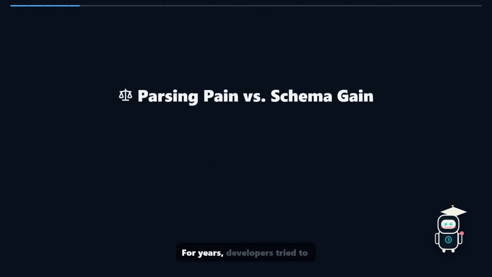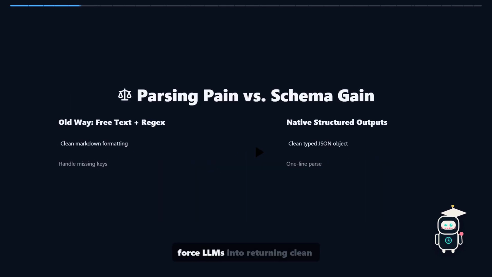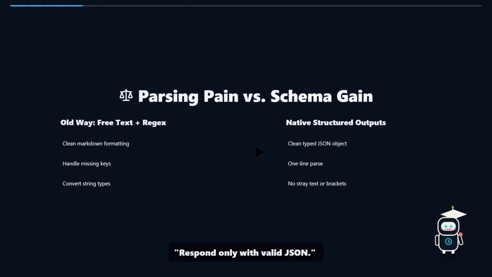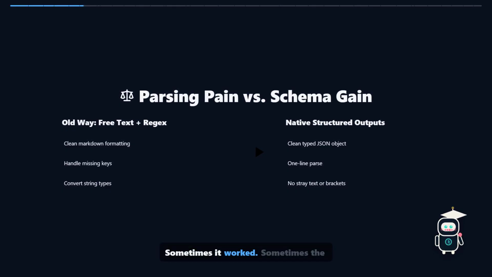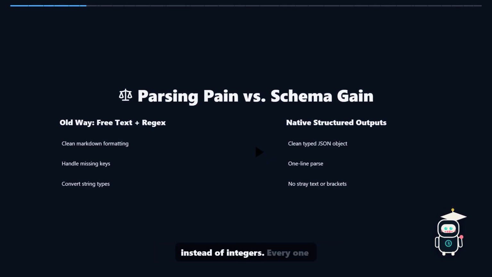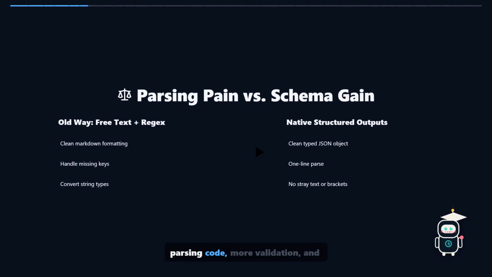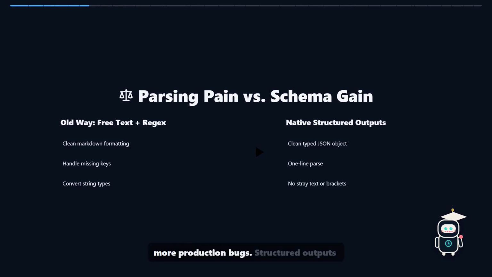For years, developers tried to force LLMs into returning clean JSON by writing prompts like, "Respond only with valid JSON." Sometimes it worked. Sometimes the model added markdown, renamed fields, or returned numbers as strings instead of integers. Every one of those variations meant more parsing code, more validation, and more production bugs.